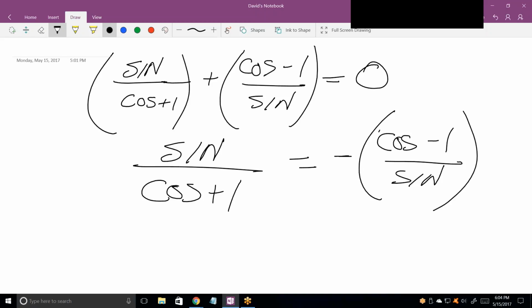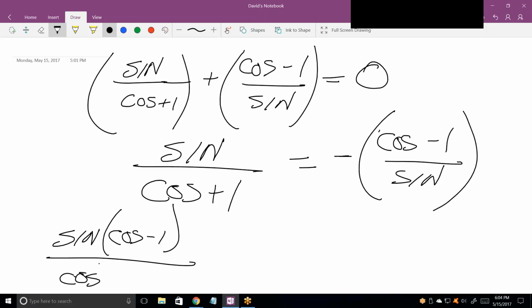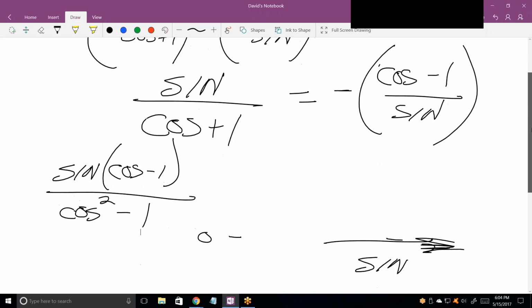Now, when I multiply the left side by the conjugate, I get sine times cosine minus 1 all over cosine squared minus 1. Cosine squared minus 1, that's equal to minus sine squared. That's where I made my mistake. Cosine squared minus 1 is not sine squared.